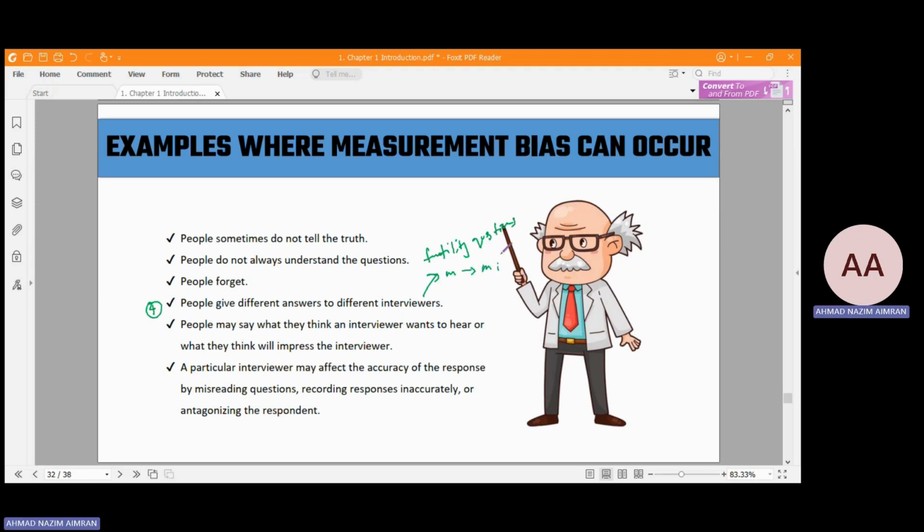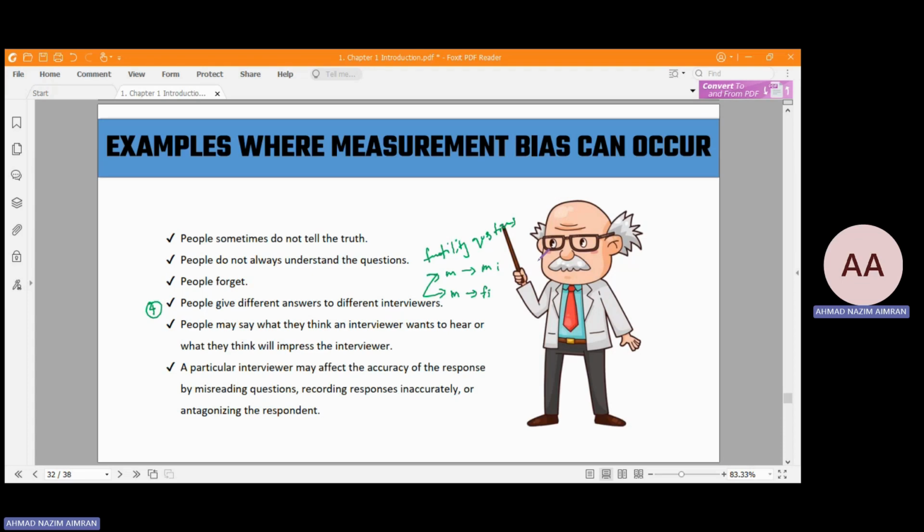For example, to the male interviewer, he will respond yes, he is having a problem with fertility, and maybe the male respondent will give a different answer to the female interviewer because he doesn't feel comfortable to share the sensitive information with the female interviewer.